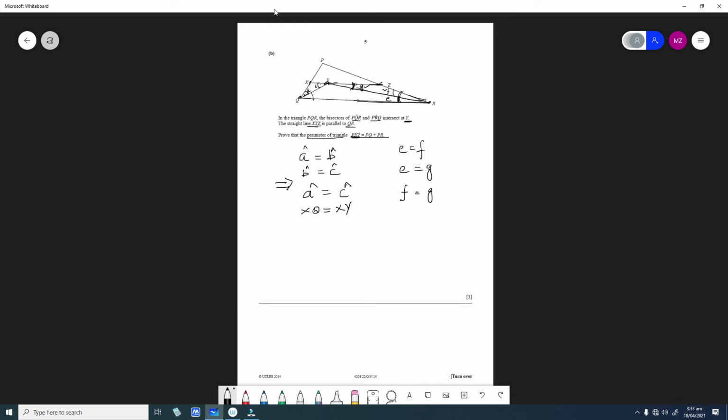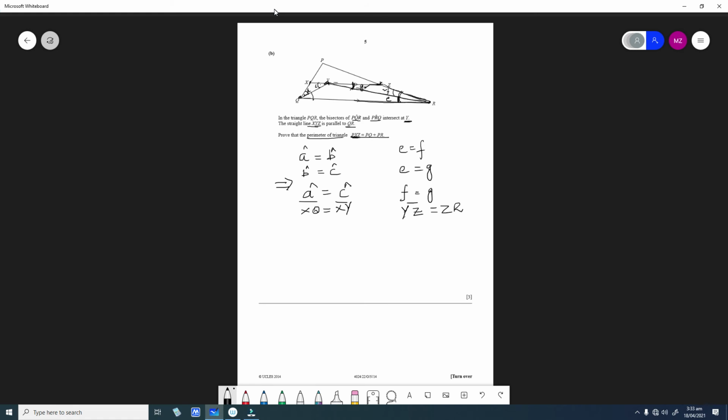That is YZ. So YZ must be equal to the side which is opposite to angle G, and this is angle G, and this is the side opposite to angle G, ZR or RZ, same thing.